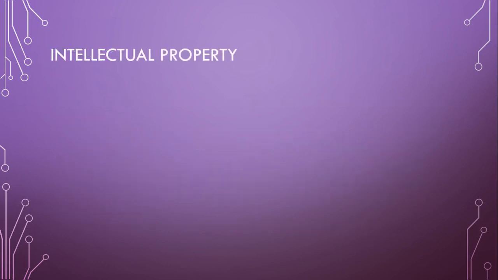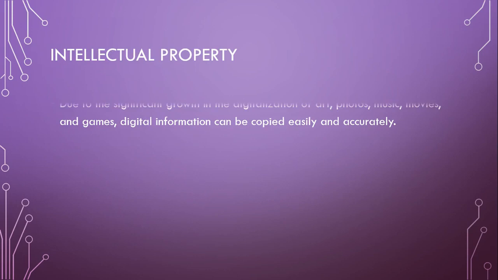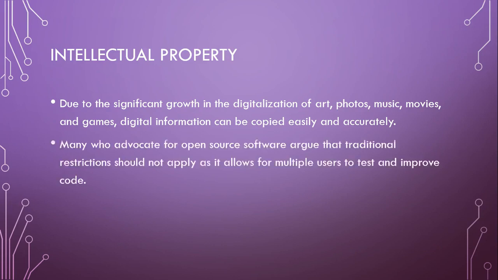The next thing from this is intellectual property. Due to the significant growth in the digitization of art, photos, music, movies, and even video games, digital information is copied relatively easily and accurately.